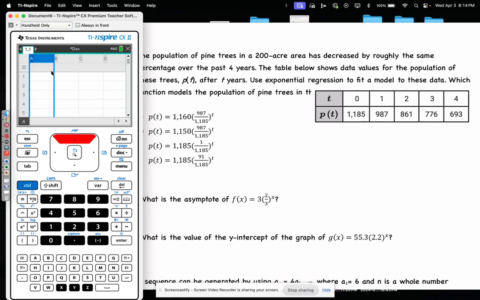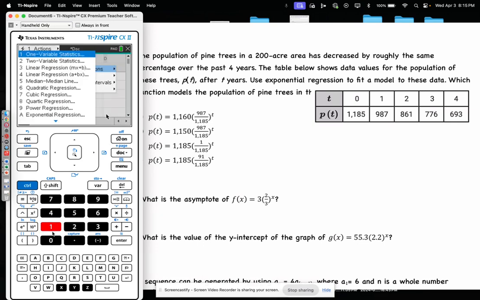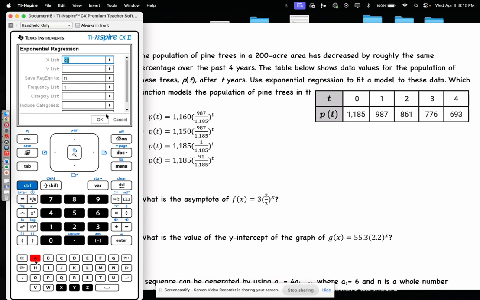And again, that's probably the most tedious part of this. 4, 1185, 987, 861, 776, 693, menu 4, 1, and A, because it still says it is exponential right here. So we're still doing that, X and Y.